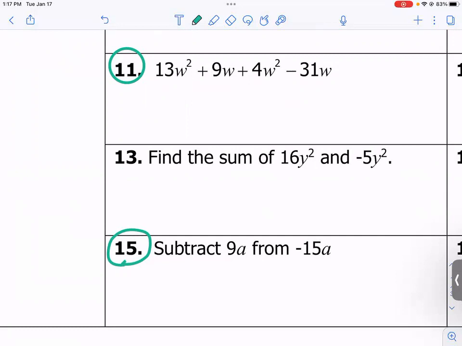Colin, what did you get for number 11? I got 17 W squared, sorry, minus 22 W. Do you agree with Colin? Yeah. Okay.